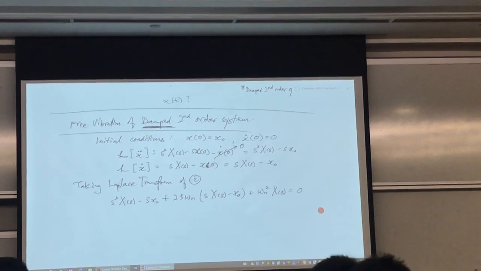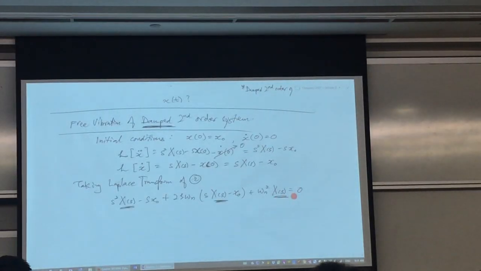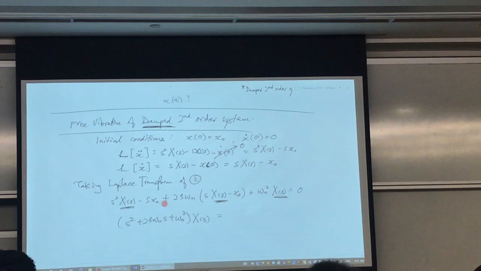I have a common factor, X(s), so I'll take it out: s squared plus 2 zeta omega n s plus omega n squared. If you multiply it in, you'll be able to see that.